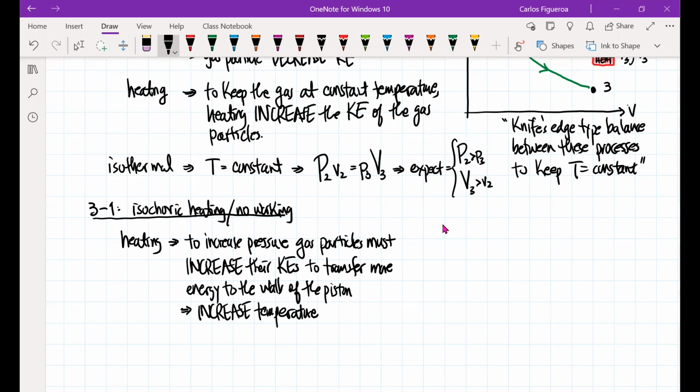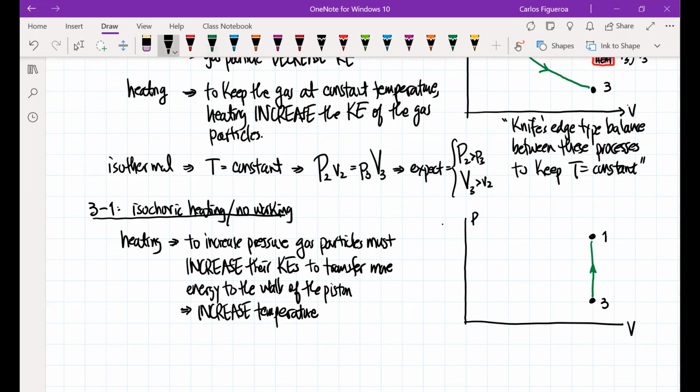So if I look at my graph now, I'm going from here, which is 3, and I'm going all the way up to 1. So you can see that my path is along this line.